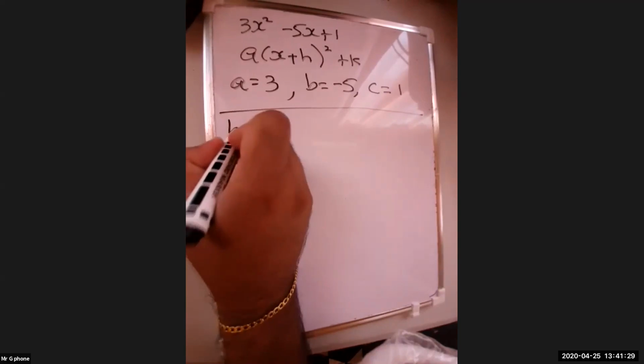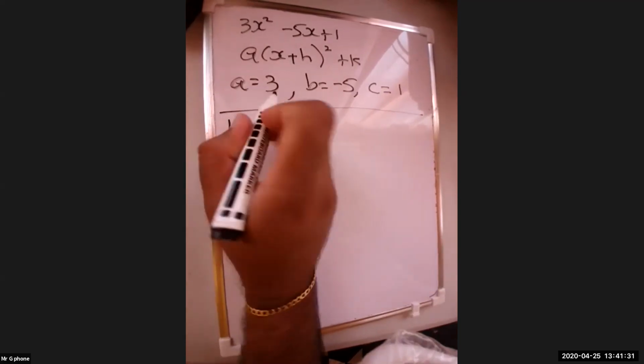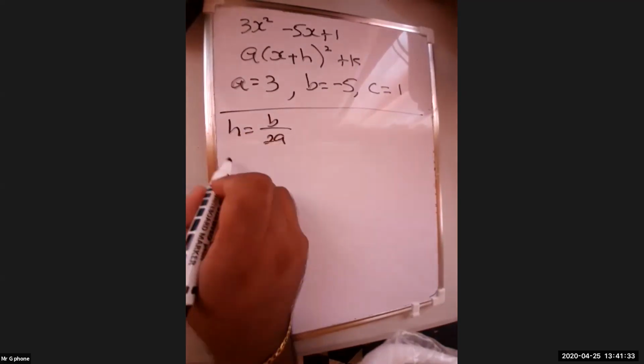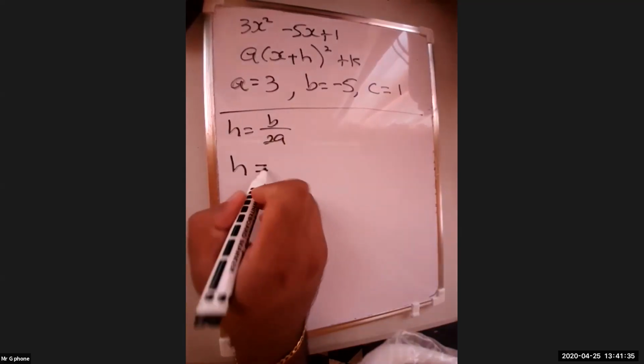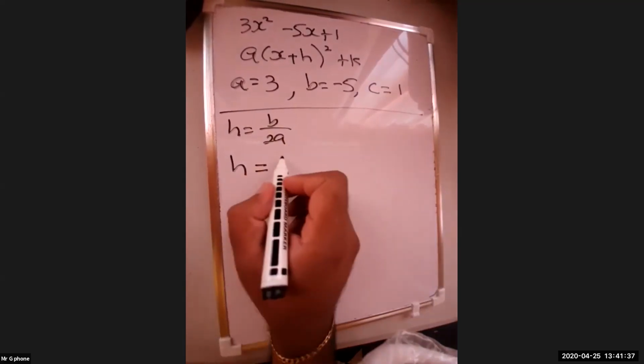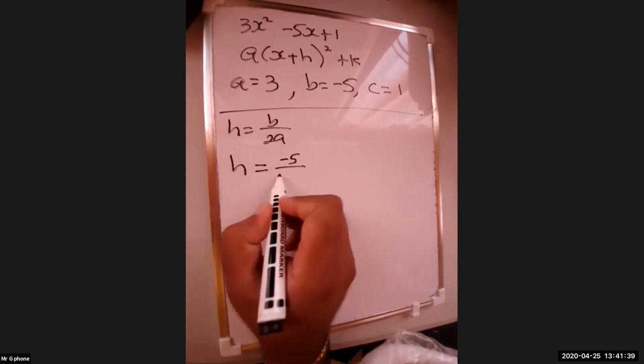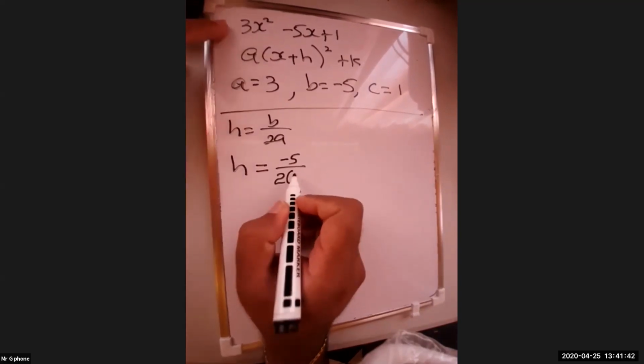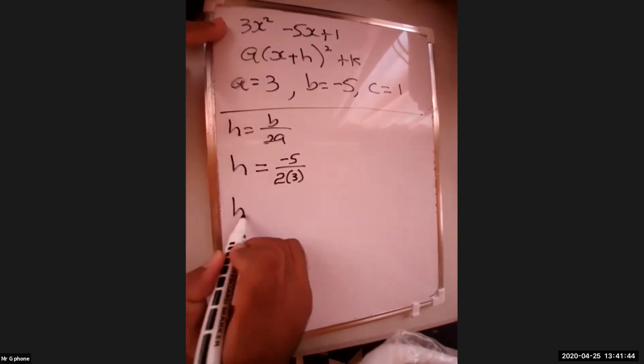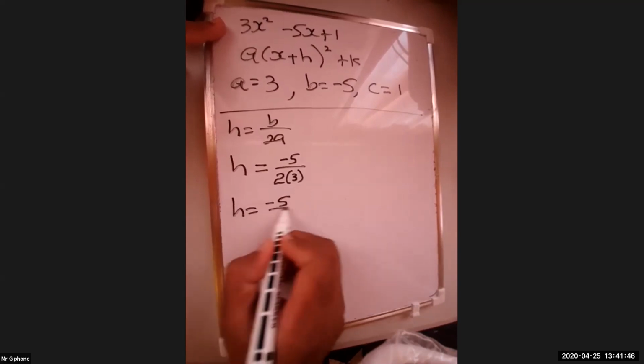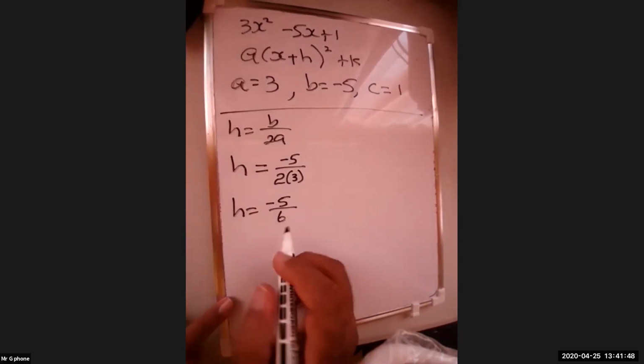So let's find h. H is b all over 2a. So h is equal to b, which is -5, all over 2 into a, which is 3. So h is equal to -5 over 6, right?